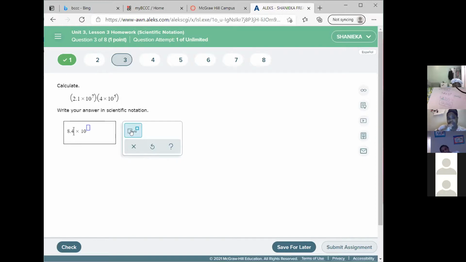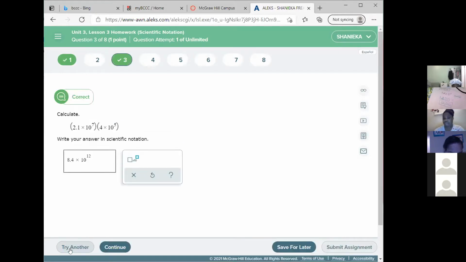Anyone, what do you think we should do with those exponents? Add them, yes. So what's the exponent gonna be? 12. Good, because when we are multiplying with the same base, we add the exponents.